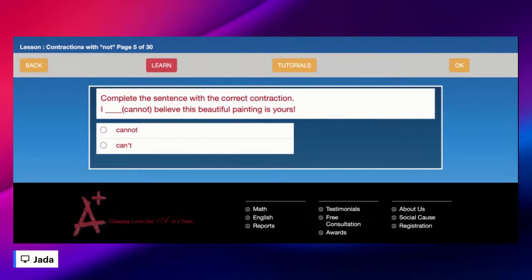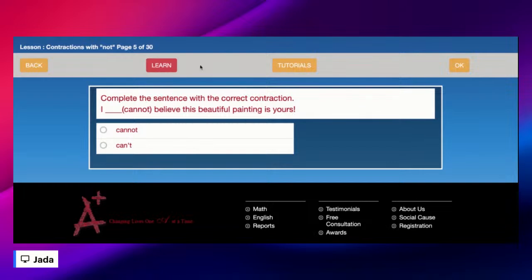More sentences with the contraction not. So what sentences? Let's see. I can't fail my test.